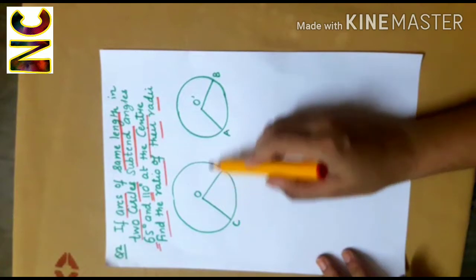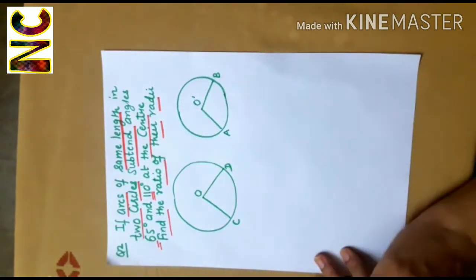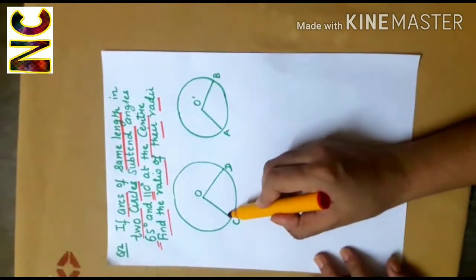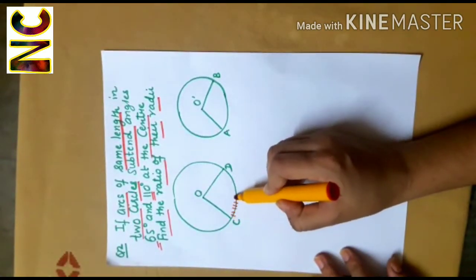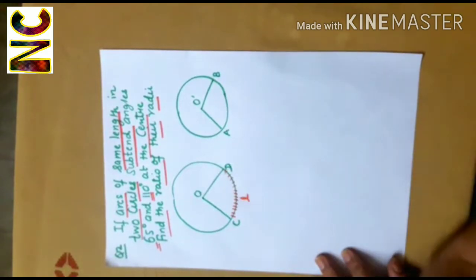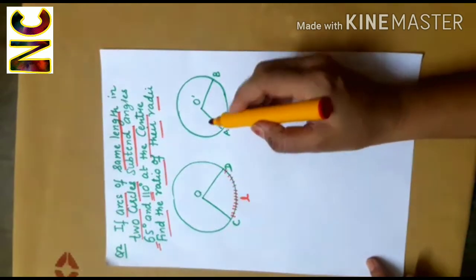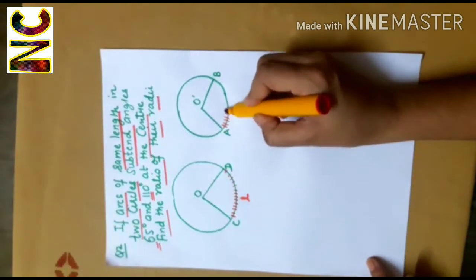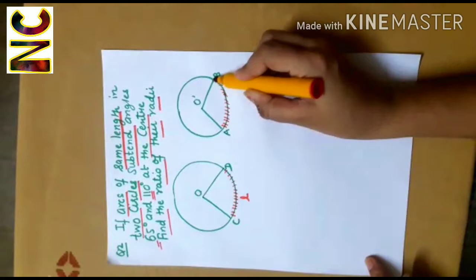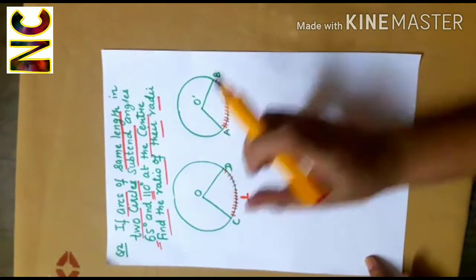So we have two circles, with centers at O and O dash. In this circle, we have an arc CD of length L, and in the second circle, we have an arc AB whose length is the same as that of arc CD.